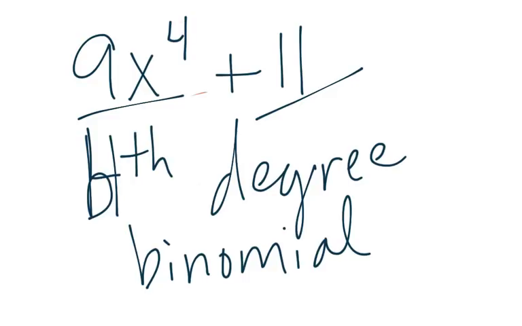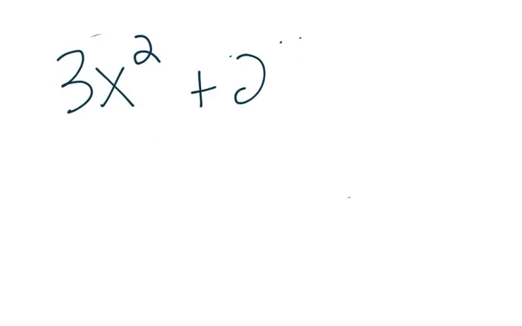Let's do another one. All right, let's say I have 3x squared plus 2x plus 1. This is also already in standard form. So now I just have to classify it.